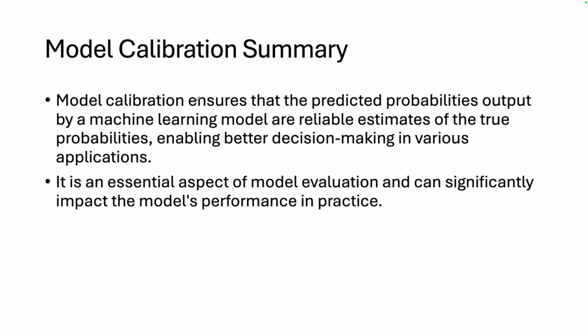So model calibration ensures that these predicted outputs are reliable estimates of true real-world probabilities. If we say 0.5, it means half the time it happens, half the time it doesn't. It's an important aspect of model evaluation when you're serving this to an actual human being, and somebody's interpreting this probability and using it in their workflow.